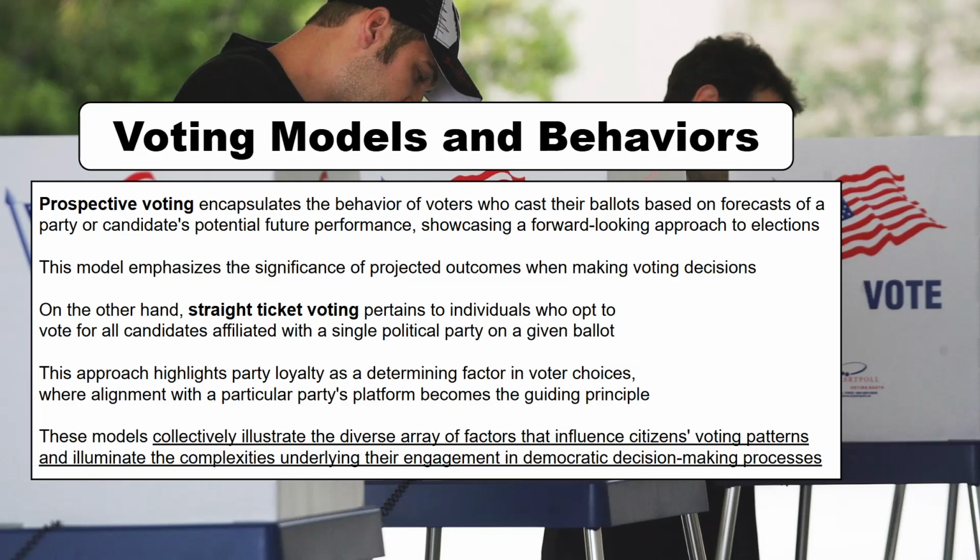This is driven by strong party identification, ideological alignment, and trust in the party brand over the individual candidate, whatever you want to call them. The implication here is significant. In a straight ticket election, a weak candidate in a strong party can still win just by being on the right ticket.